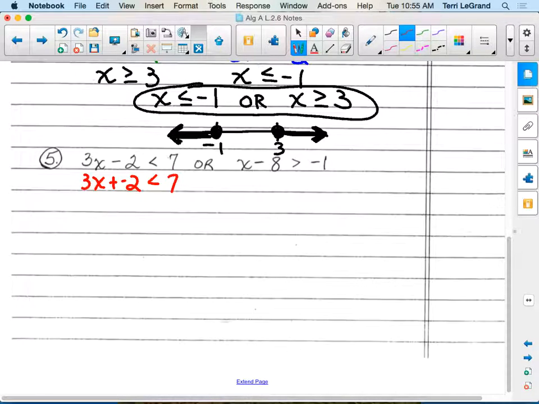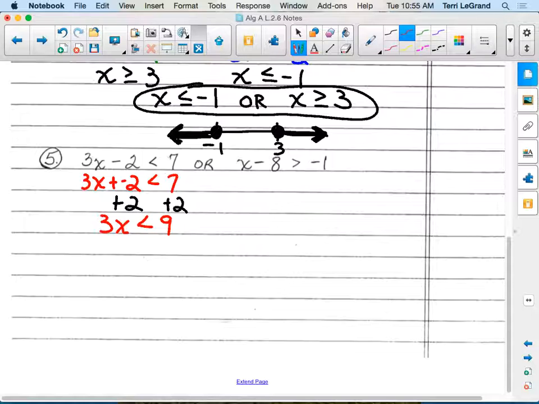Sydney, you give me the next step. Add the opposite. We already changed it to add the opposite, so now what are we going to do? Add 2. Yes, add 2. And now we should have 3x is less than 9.